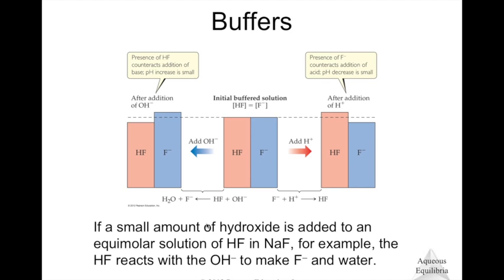If we were to add a little bit of hydroxide to this, it's going to react with the HF to make F minus and water. So if we added a little bit of hydroxide, it's going to react with this to make water and produce a little bit more of this. So this is basic, which is going to cause the pH to go up, but this is going to cause the pH to go down, and they're going to counteract each other, so the pH will stay roughly the same.